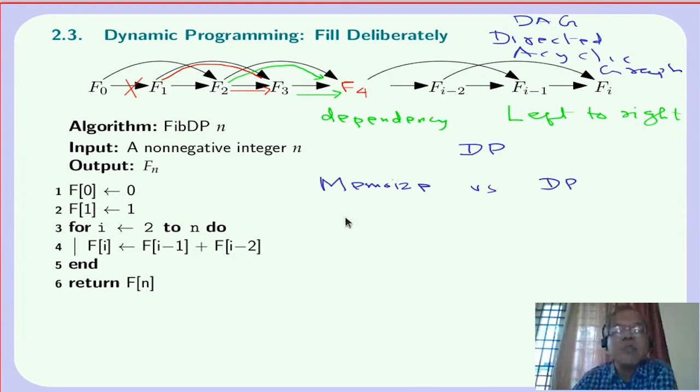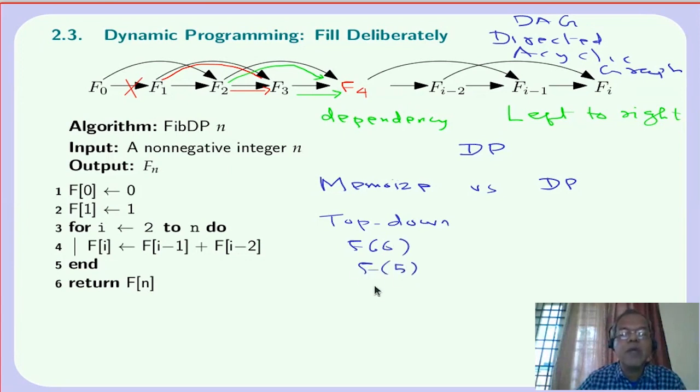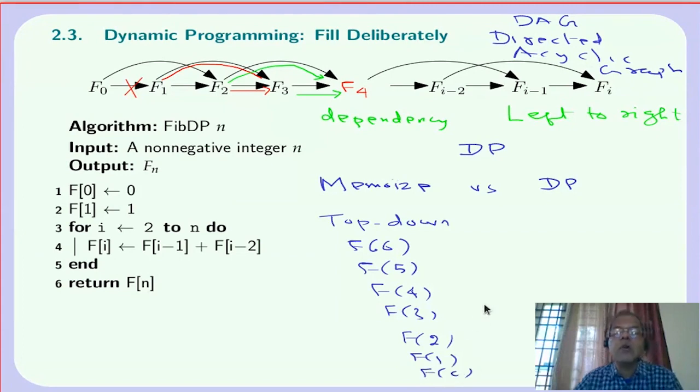In very simple words, memoization works top down, sorry. To solve f of 6, solve f of 5, f of 4, then f of 3, then f of 2, f of 1, f of 0, and so on. Whereas here, this is bottom up.